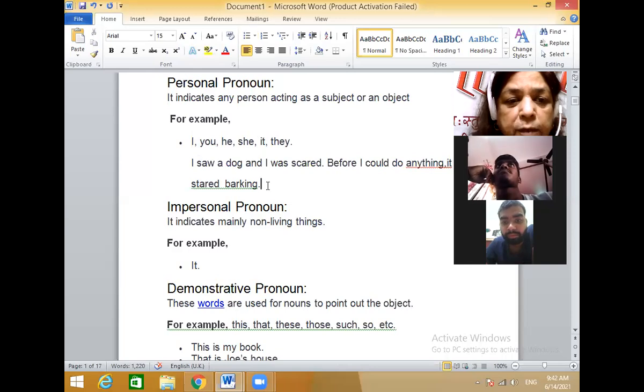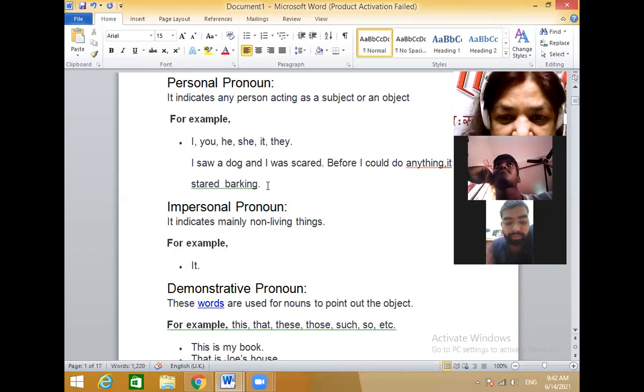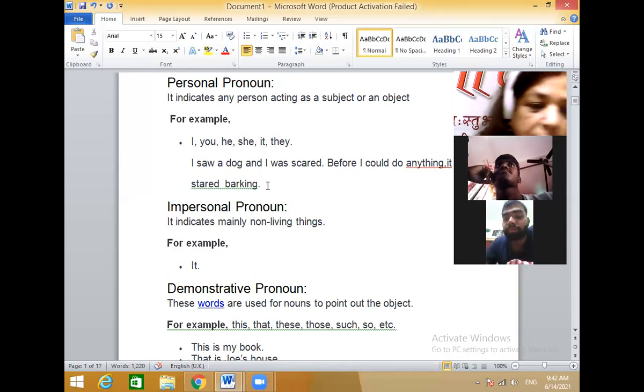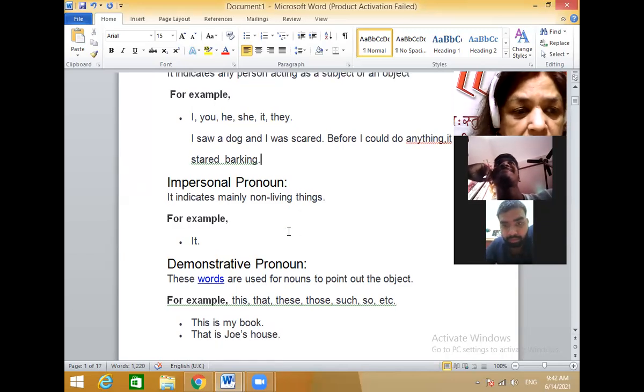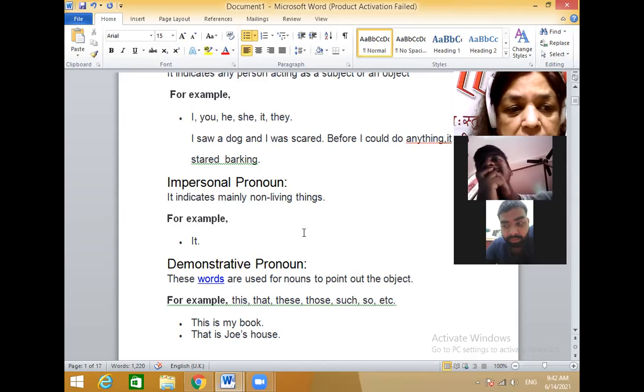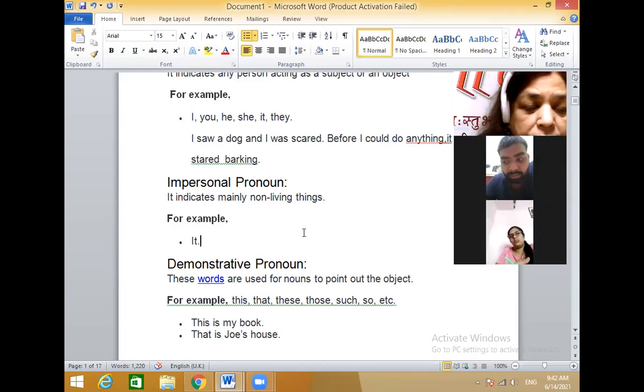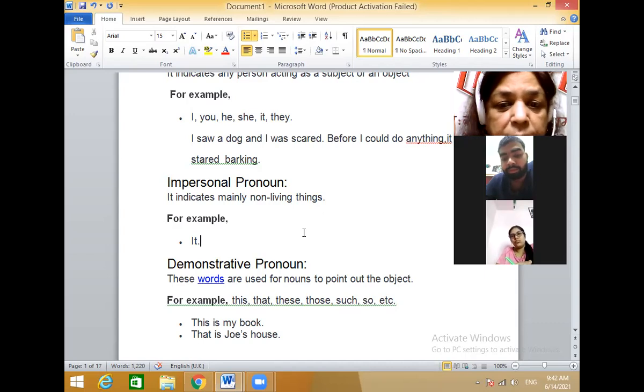You're students of BCom fourth semester, so your sentences should be according to your course. BCom professional students, so write like you should be writing. In personal pronouns, we already discussed it, which is used for non-living things. Know the term impersonal pronouns.